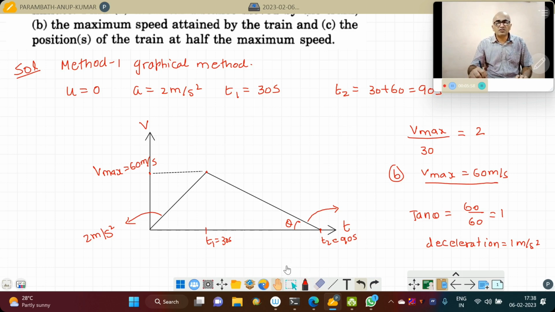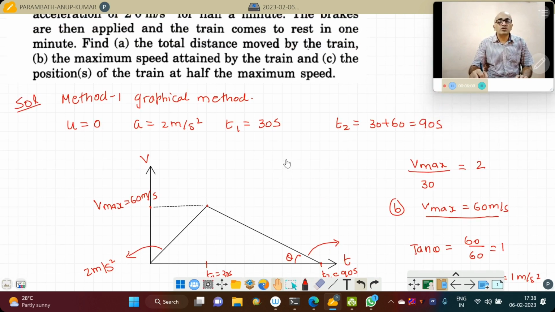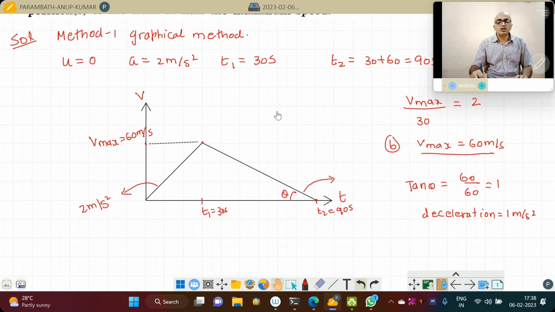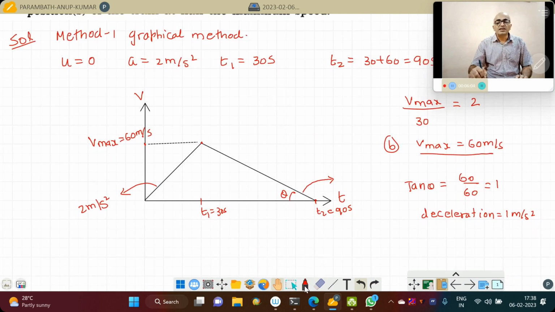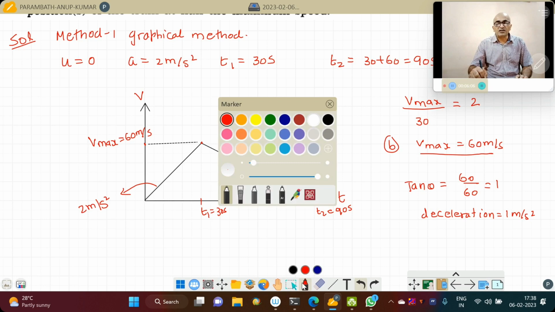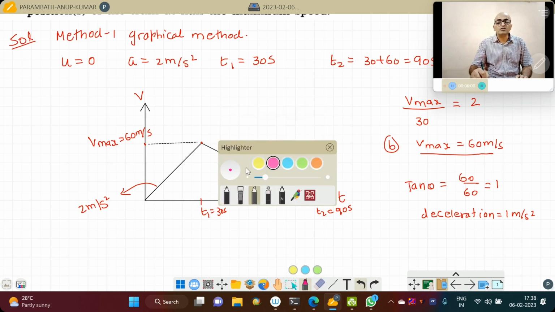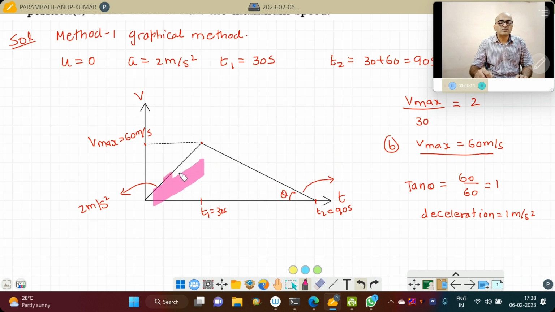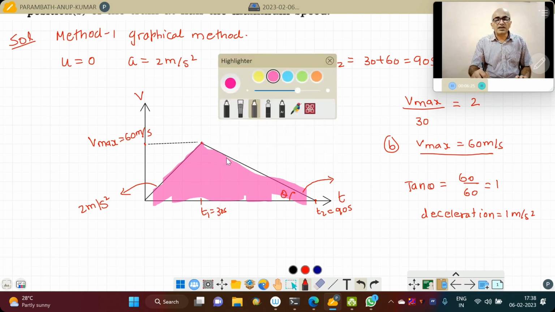Now the A part of the question is the total distance moved by the train. The total distance moved by the train is the area under this graph, this area, which I have to find out. So how to find that? We have the appropriate base and height with us.